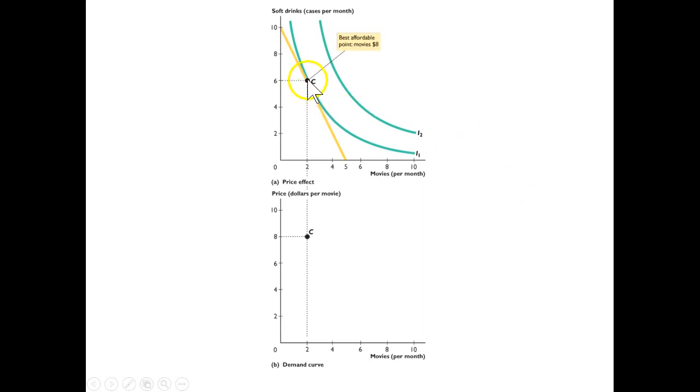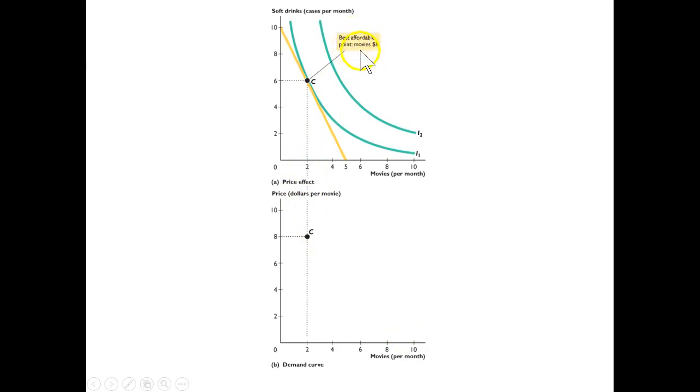And we found that the point of tangency of the budget line and the indifference curve, point C, gives us the quantity of soft drinks and movies that our consumer will be willing and able to purchase. The maximum quantities of movies and soft drinks that they'll be willing and able to purchase. So, if we take the data from here and draw a graph where on the vertical axis we'll put the price of movies, and on the horizontal axis we'll put the quantity demanded of movies.